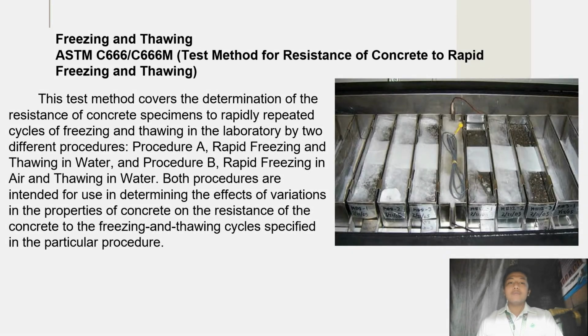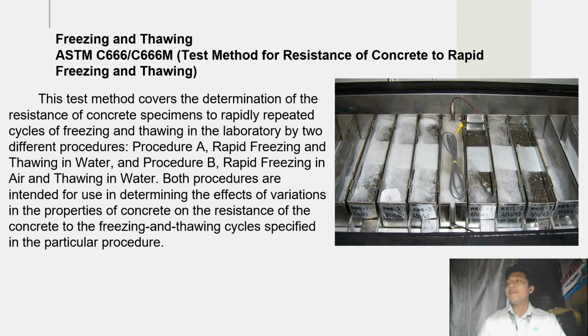Next naman po is about freezing and thawing, and yung ASTM test na designated dito ay ASTM C666 or C666M, test method for resistance of concrete to rapid freezing and thawing. So, this test method covers the determination of the resistance of concrete specimens to rapidly repeating cycles of freezing and thawing in the laboratory by two different procedures.